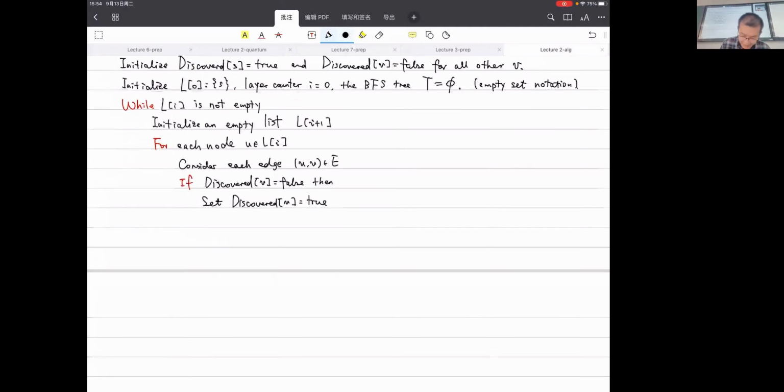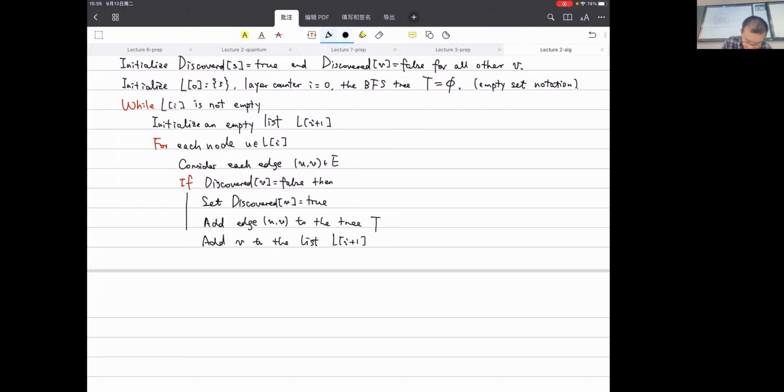And of course, after setting it to be true, we are going to add edge UV to the tree. And of course, we are also going to add V to the list L_{i+1}.